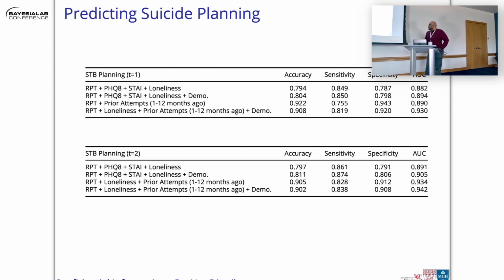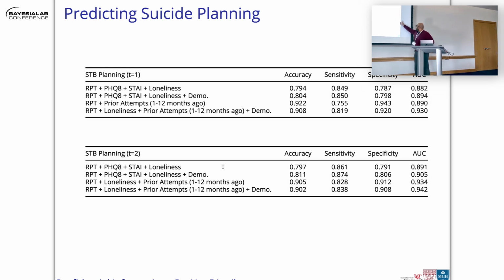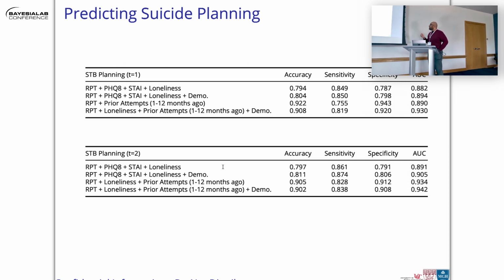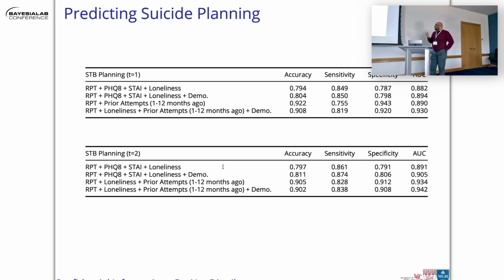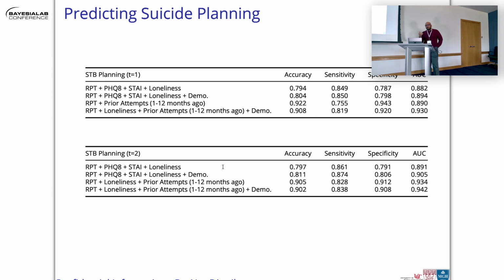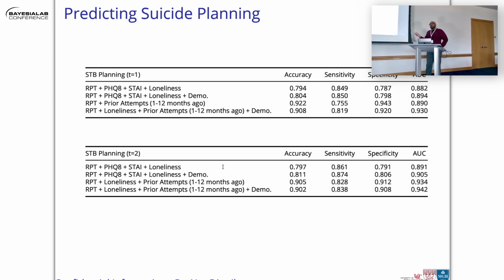These variables substantially predict, as you can see from the AUC ROC, they're reasonably good in predicting planned suicide or suicide planning, which is rather important. We can use a non-invasive technique and get information just through a survey and figure out if the person is going to at least attempt suicide.